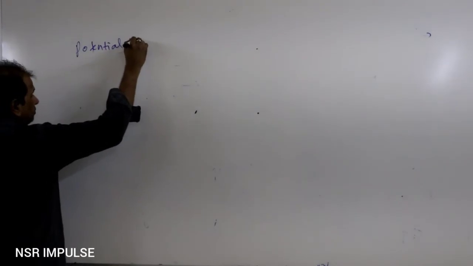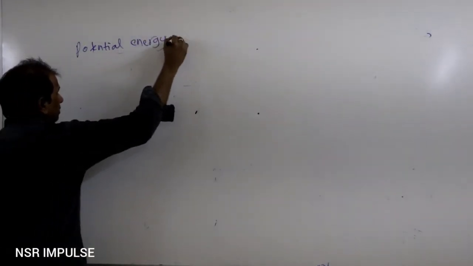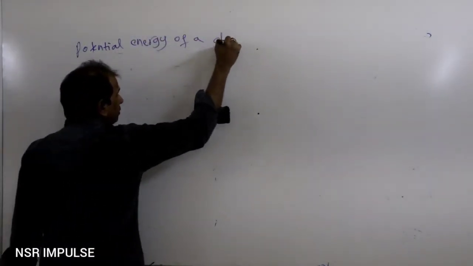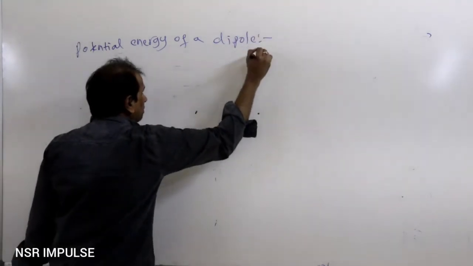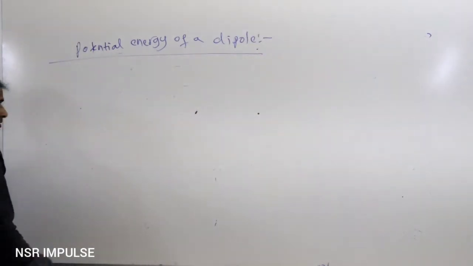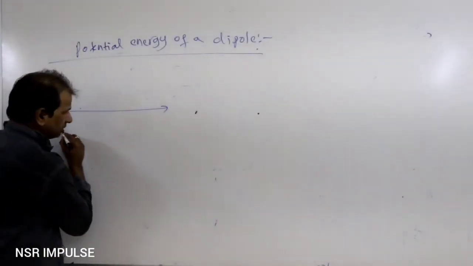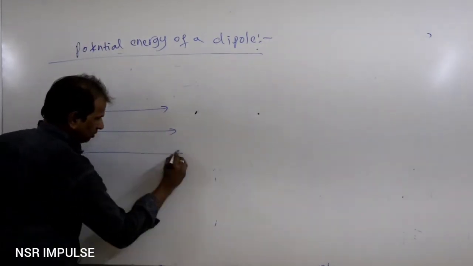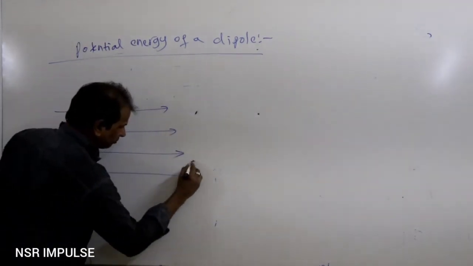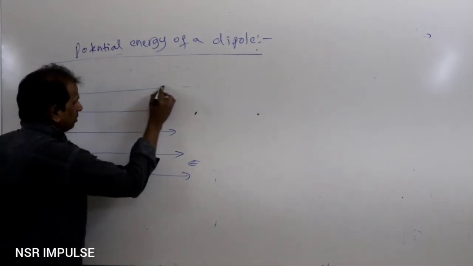Potential energy of a dipole. See, this is the electric field, like this.